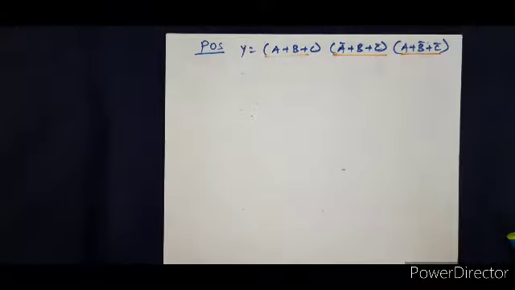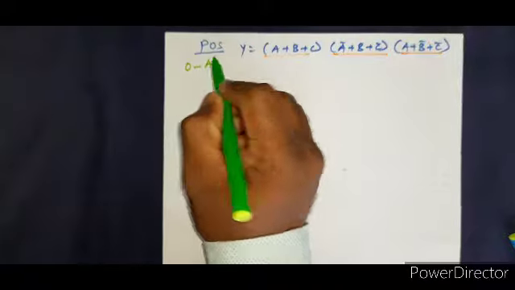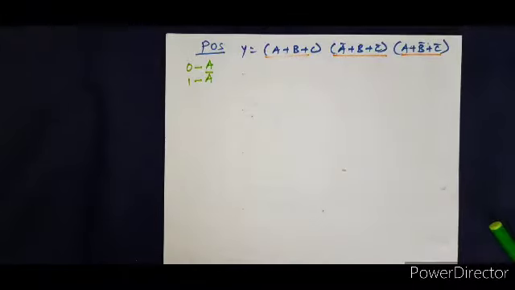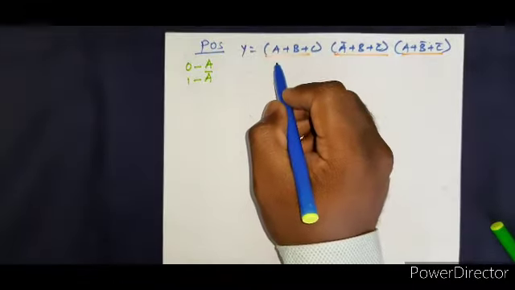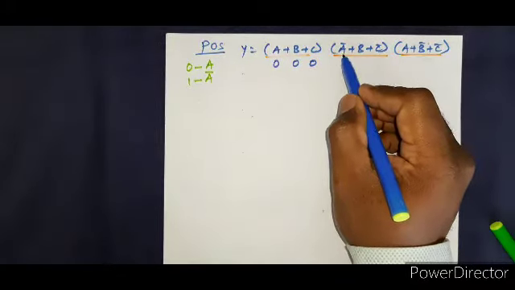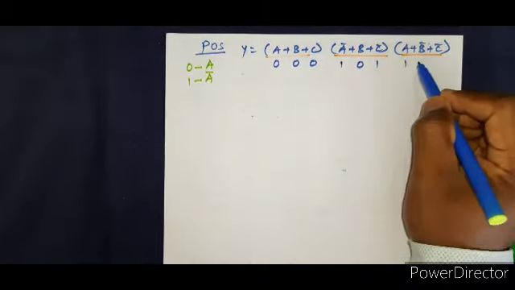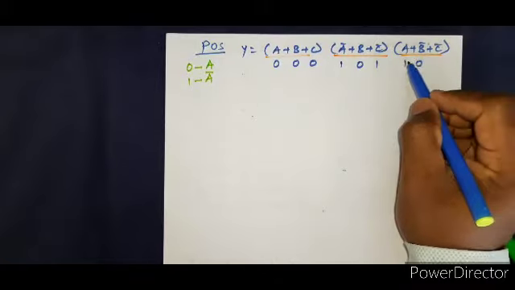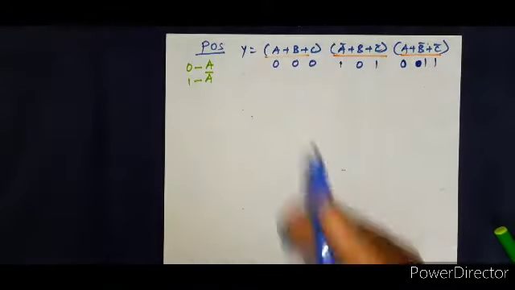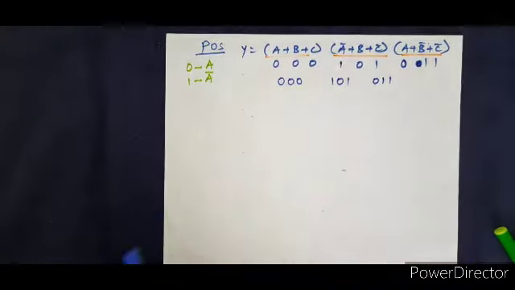For POS, we know that 0 means the variable itself and 1 means the variable complement. So this becomes 000, this is 101, and this is 011.